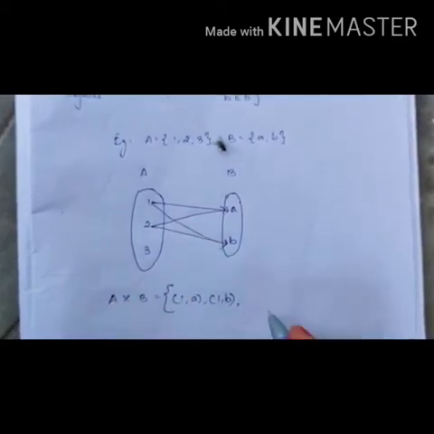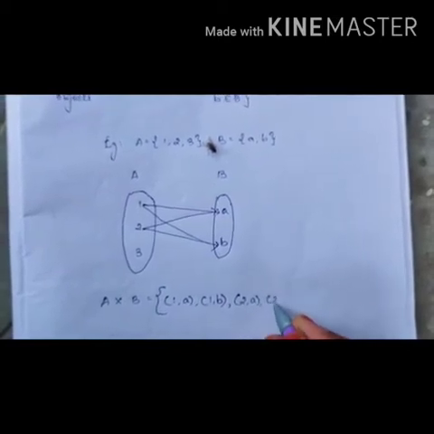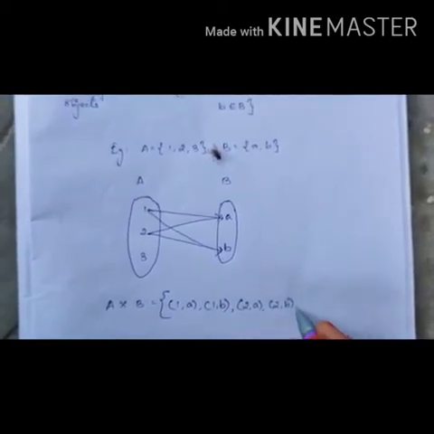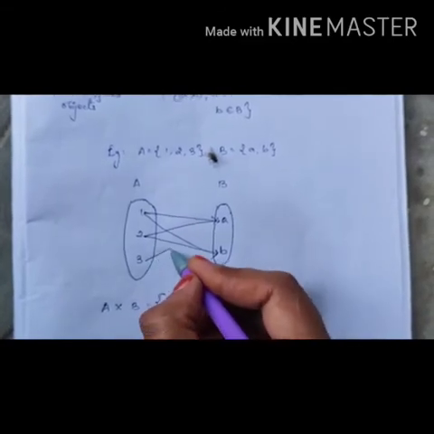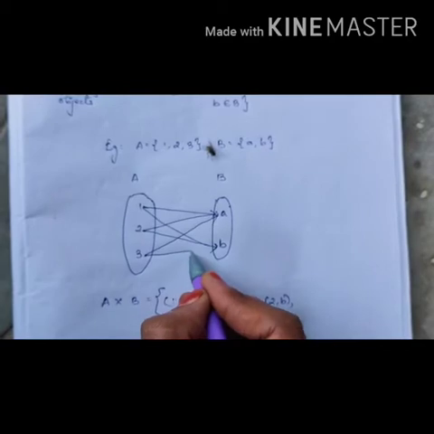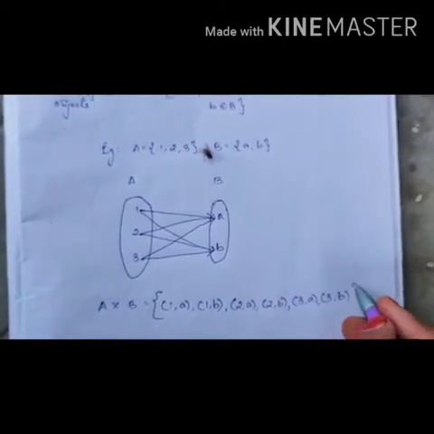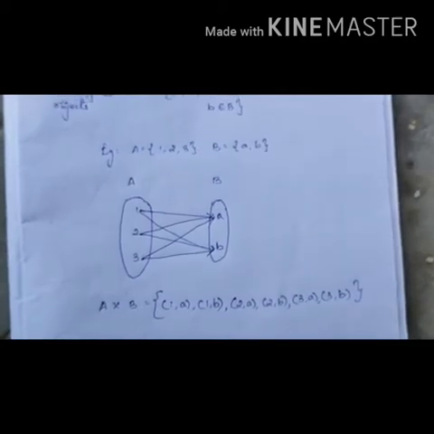So these are our next two ordered pairs, (2, a) and (2, b). Similarly, next we will join 3a and 3b. So these are our next ordered pairs, (3, a) and (3, b). So these are our possible ordered pairs for the cross product A cross B.